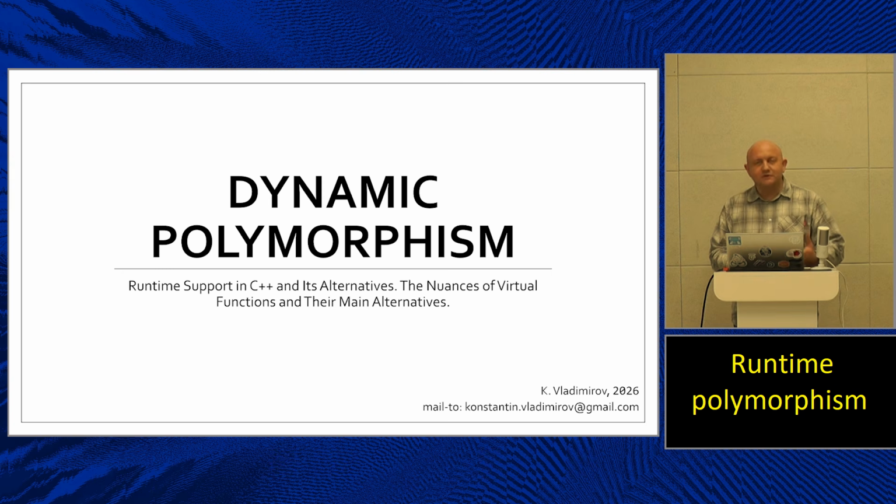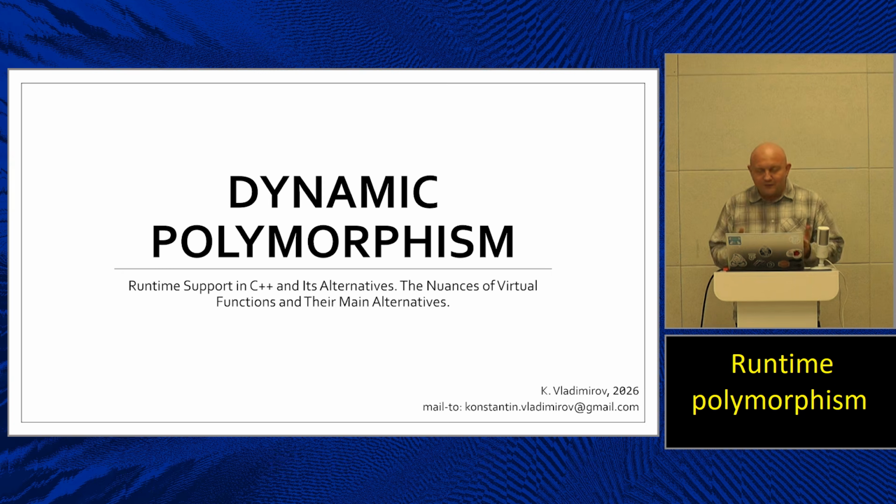Let's start with motivation. Suppose you, the programmer, have a task where you can choose between static and dynamic polymorphism. You can write a template or you can write a base class with virtual functions, and both are equally good for your task. What do you choose?